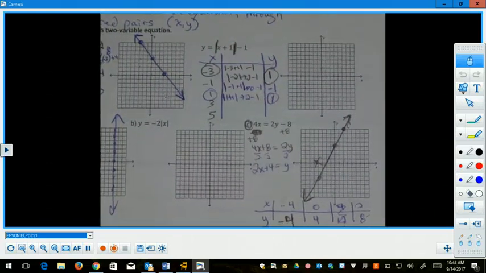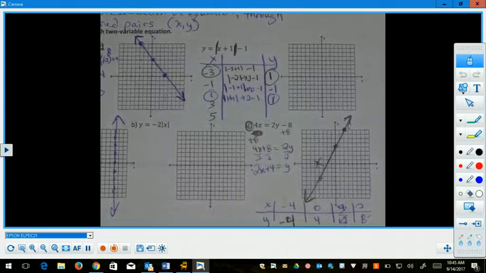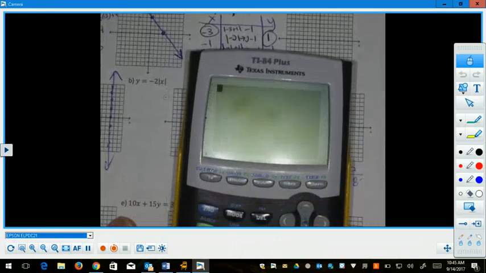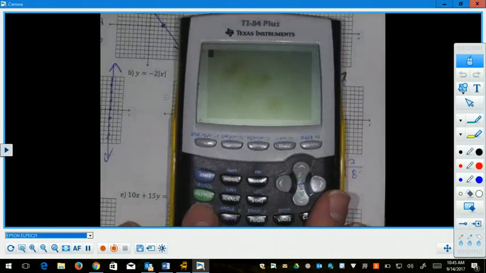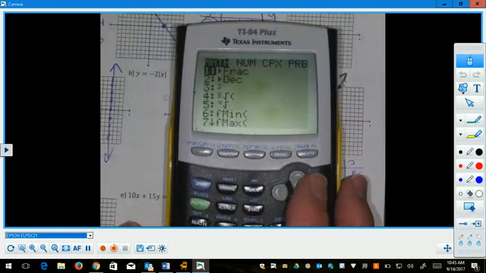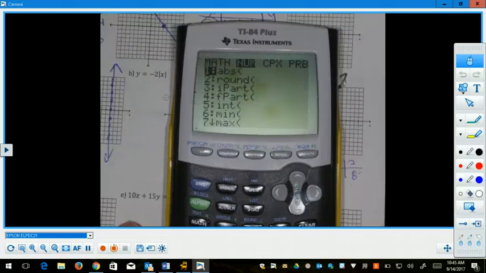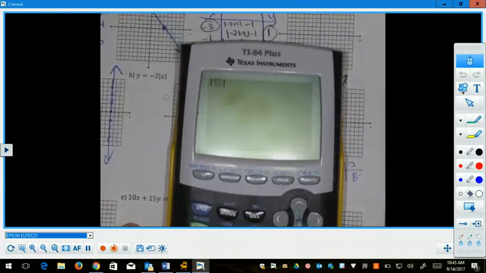On a calculator, how do you put that in? If you have the scientific calculator, I'm not sure. I haven't figured it out. I'm going to look it up for you guys. You can try to Google it. I know if you have a graphing calculator, it's not a button, but rather a series of buttons. You have to press math, and then go to ABS, for absolute value, and then it'll let you put it in.